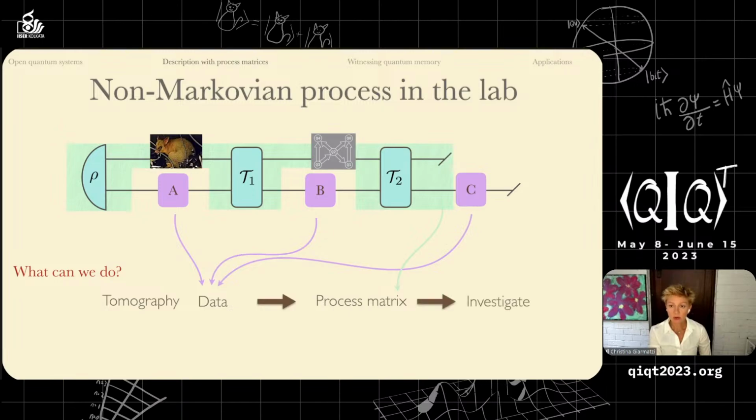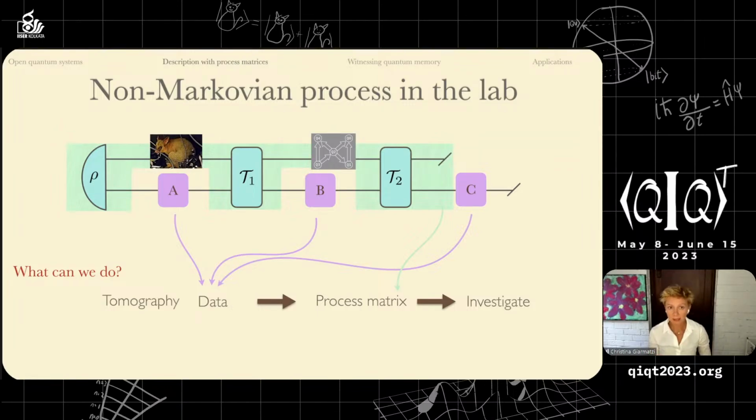Right, and then once you have the process matrix, that's the full description of your process. Any kind of noise that you have in the process will be seen in the process matrix, in some hidden way, of course; you have to find good ways to investigate it. I can talk more about it a bit later if there are questions.